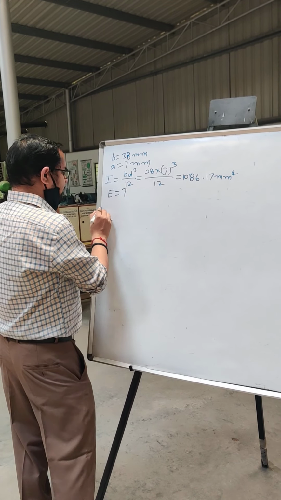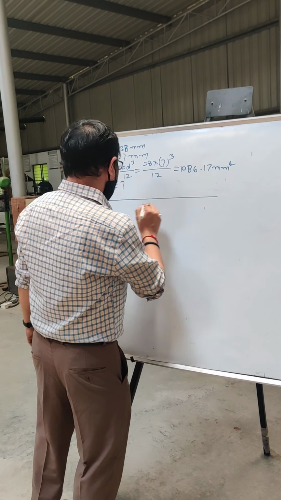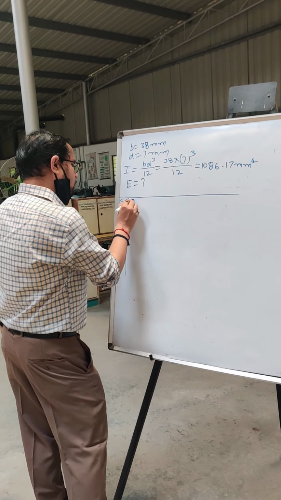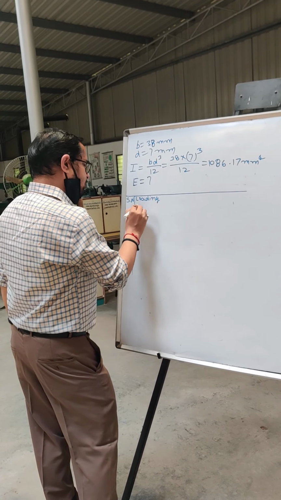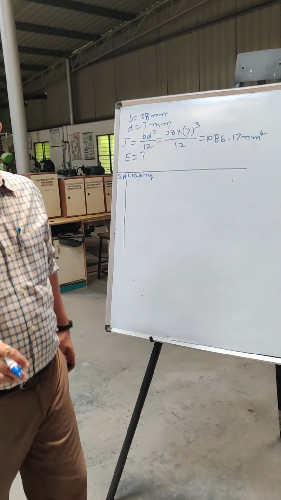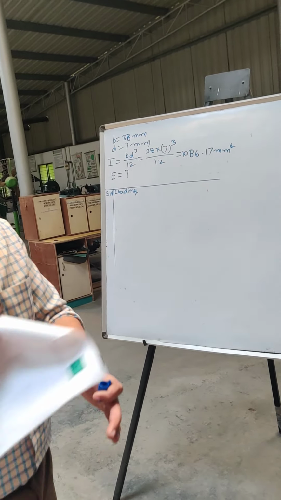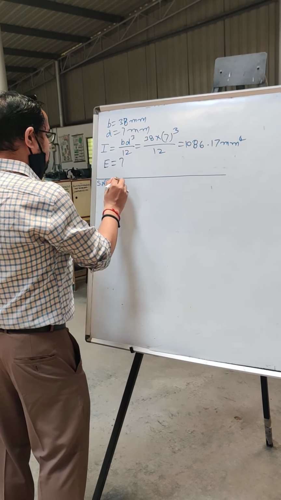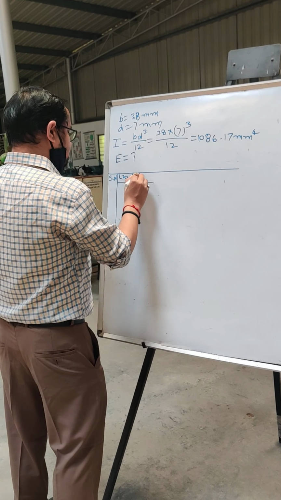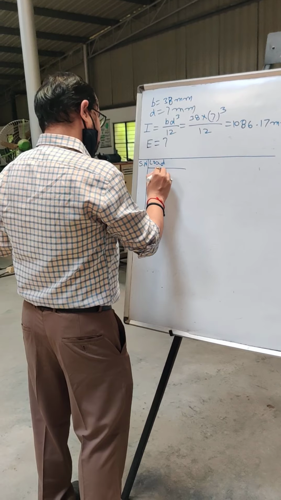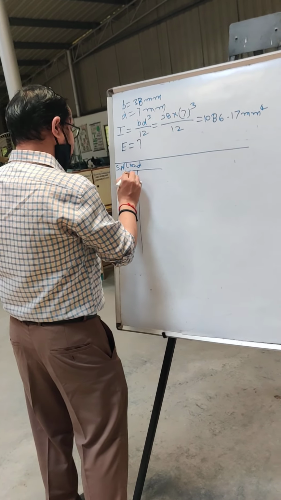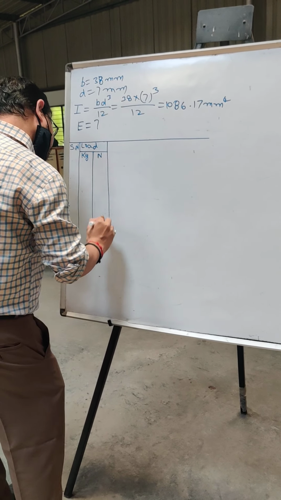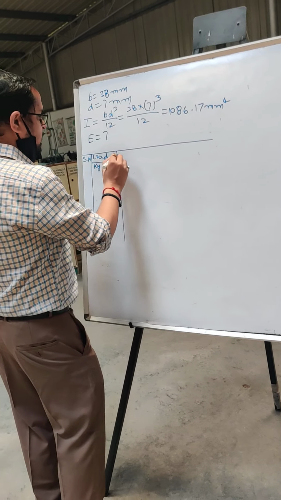So we plot that observation table. Serial number, then loading. The load has 2 columns, one in kg and another in Newton. Next, we are determining the deflection.